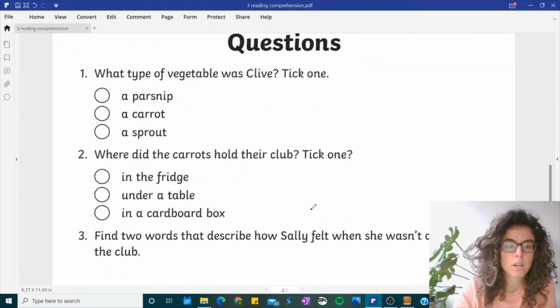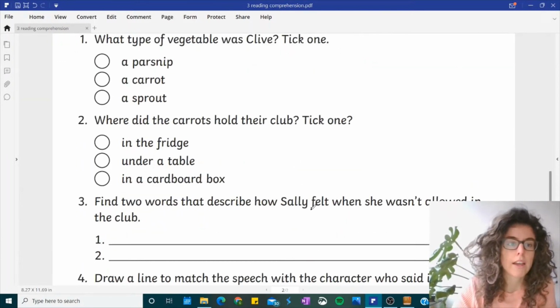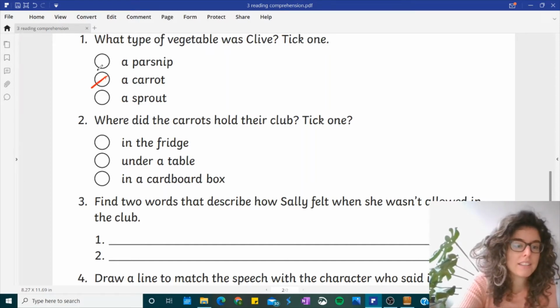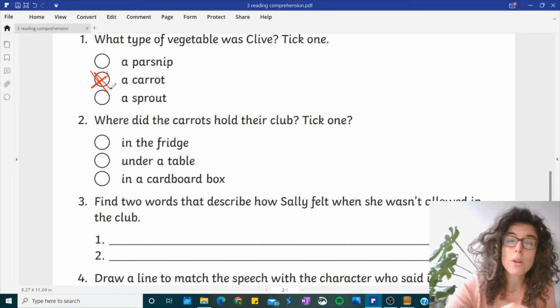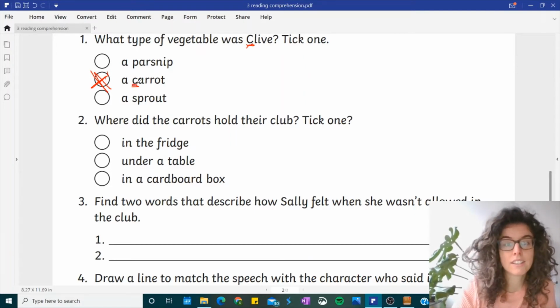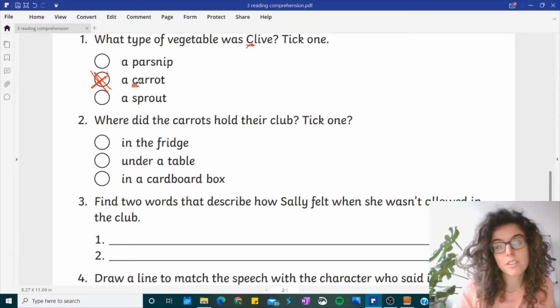Okay, let's keep going. All right, what type of vegetable was Clive? Tick 1. This one's easy, right? We know Clive, he was a carrot. And do you guys notice that all of the vegetables, their name starts with the first letter of their vegetable? Clive, carrot. Sally, sprout.